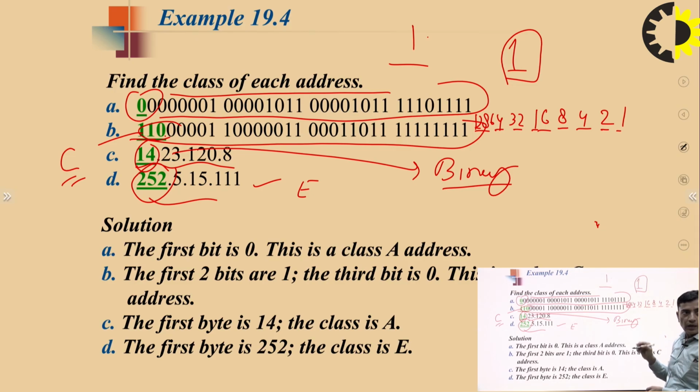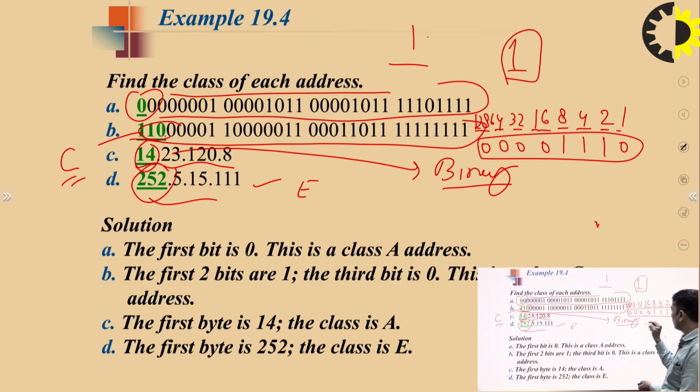And 14 is there. So, near 14, this is 8. This will be 1. How much weight remains? 6. Near this, 4 is set to 1. How much remaining? 2. The remaining bits are absent, meaning 0 value.